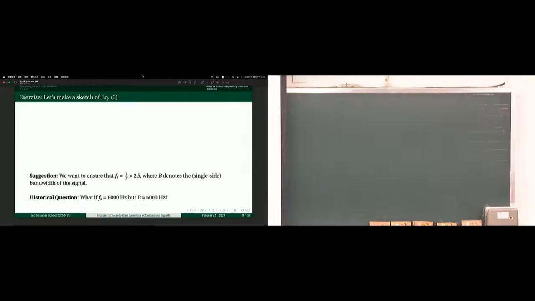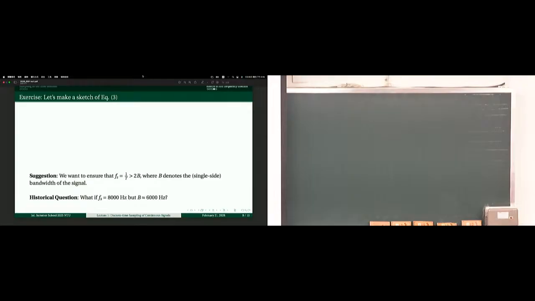As long as the sampling frequency is greater than 2 times B, we're fine, because the two copies don't overlap, and we like that. Similarly, in the negative frequency part, at minus the sampling frequency, we get an extra copy, but as long as omega_s is greater than 2B, because this is also B, right?